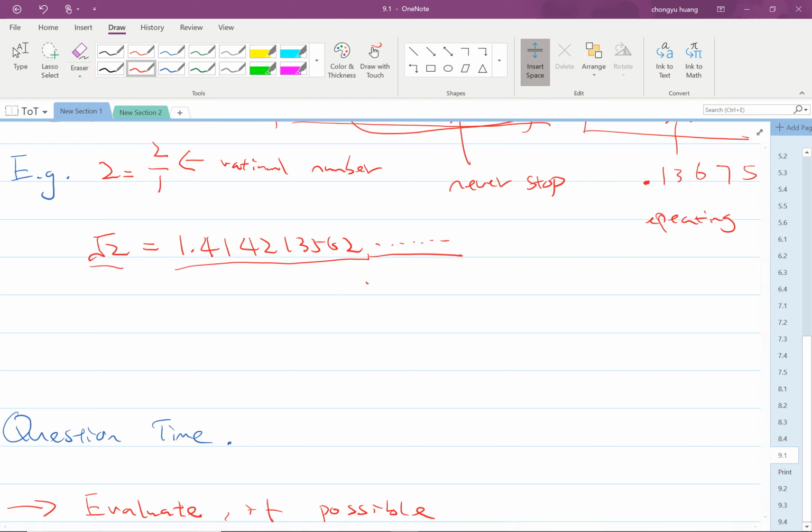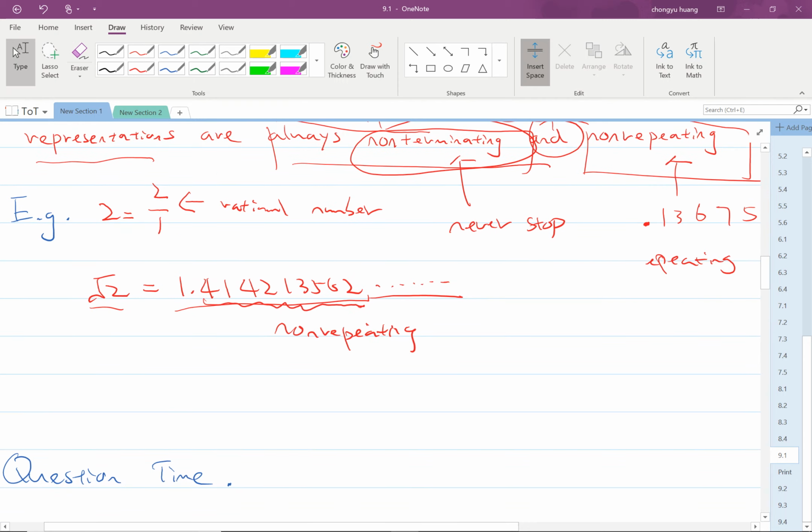Focusing on the decimal places, you have 41, 42, 135. It's not repeating. And as you can see, it's going to continue, so this one is also non-terminating.